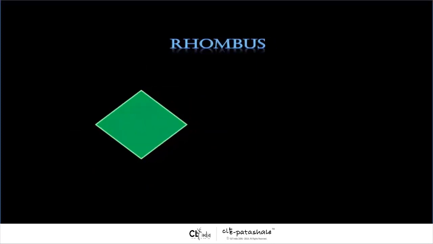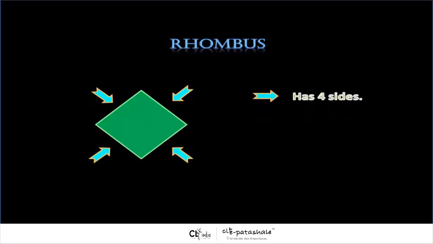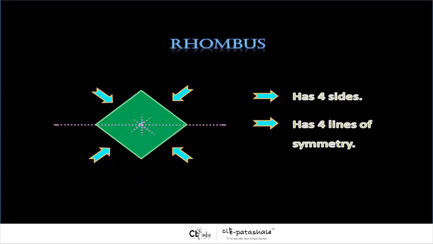So the next polygon that we are going to study is the rhombus. How many sides does a rhombus have? 4 sides. And the lines of symmetry, can you guess? Yes, it has 4 lines of symmetry.